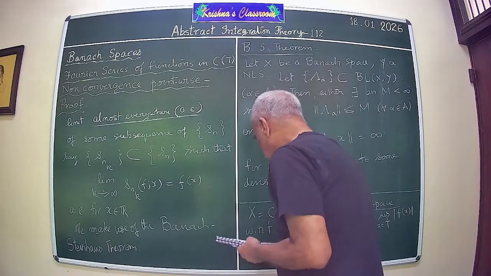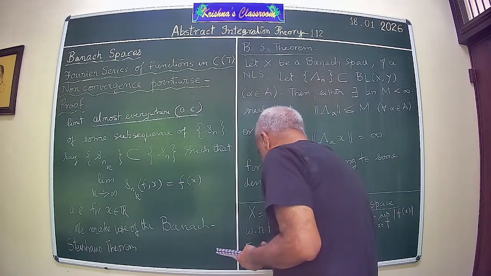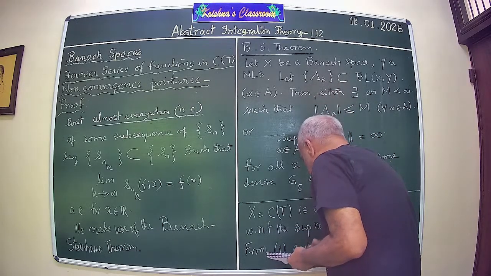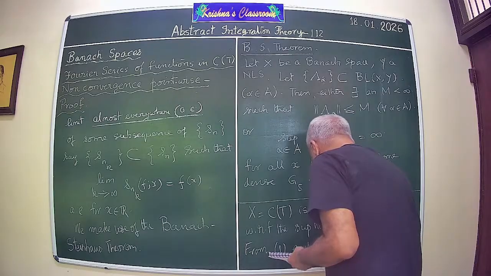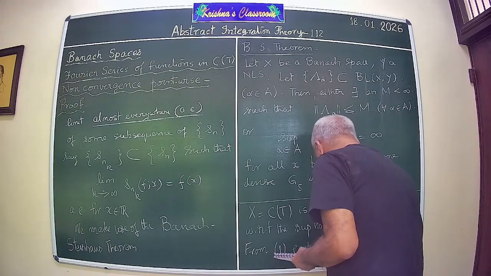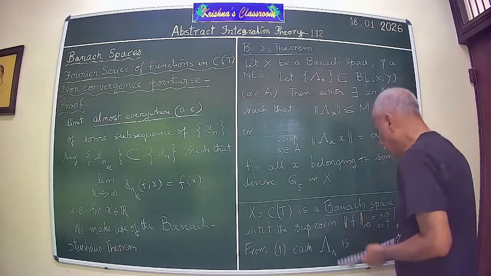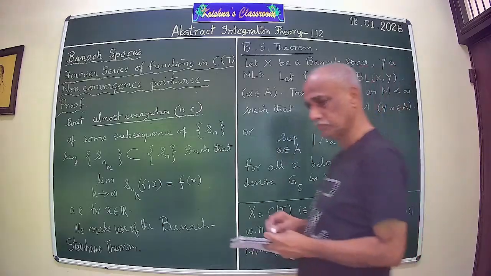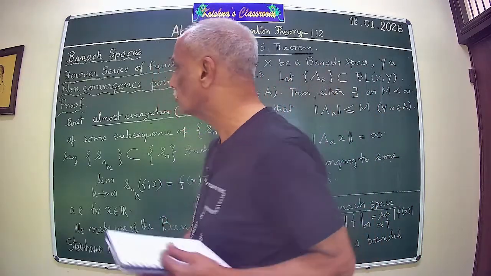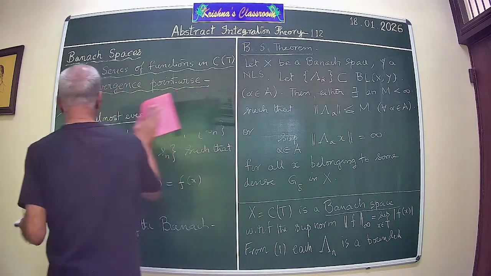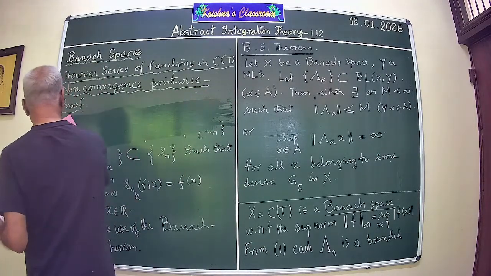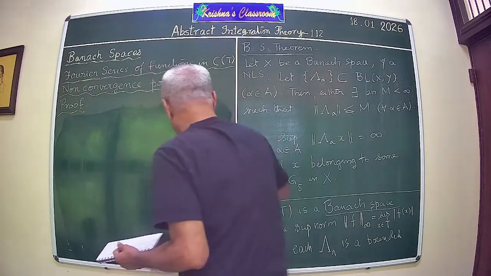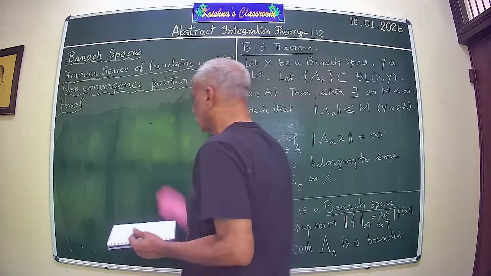You note that from 1, each lambda sub n is a bounded linear functional on C(T).